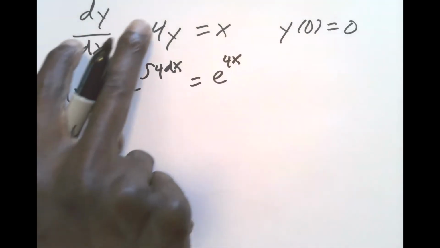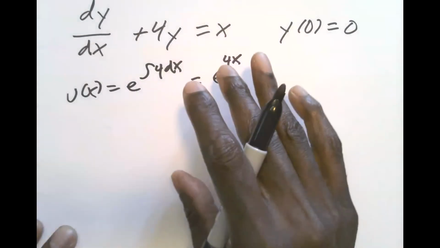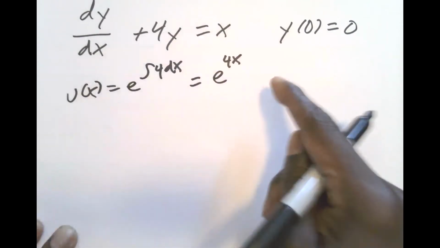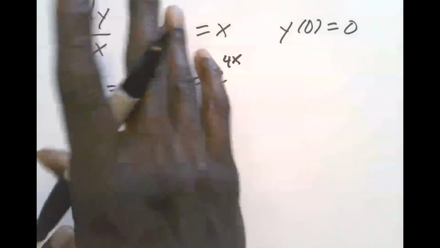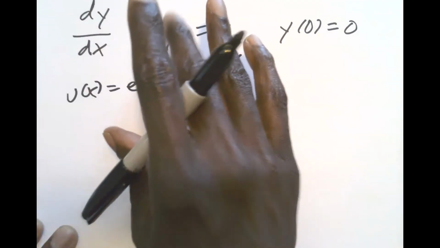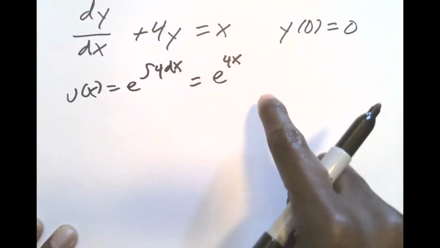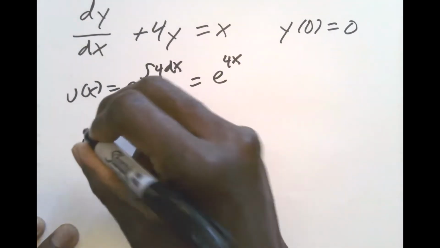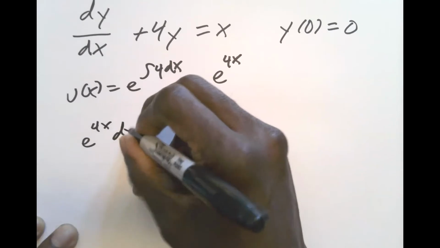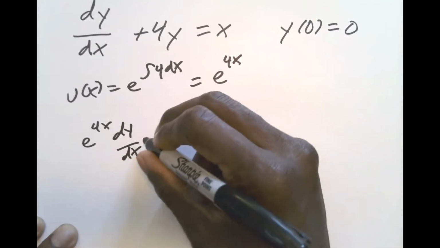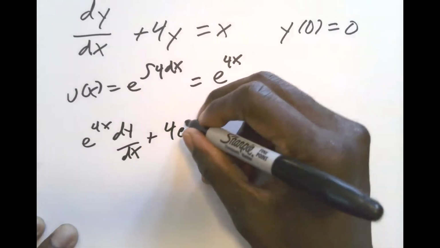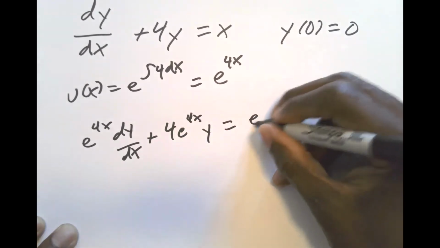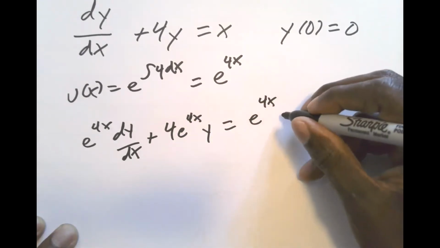It's somewhat trivial to multiply it by this, but I'm going to show multiplying everything, because the reason we're doing this is to make the left side the derivative of y times the integrating factor. So let's multiply everything by e to the power of 4x. We get e to the power of 4x times dy by dx plus 4e to the power of 4x times y equals e to the power of 4x times x.